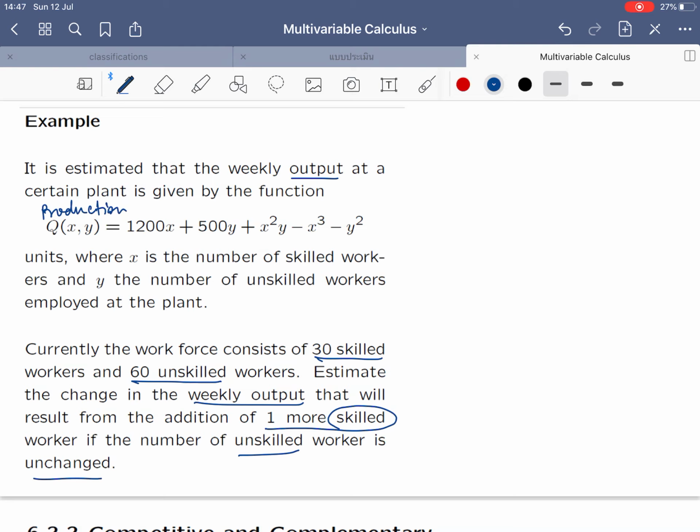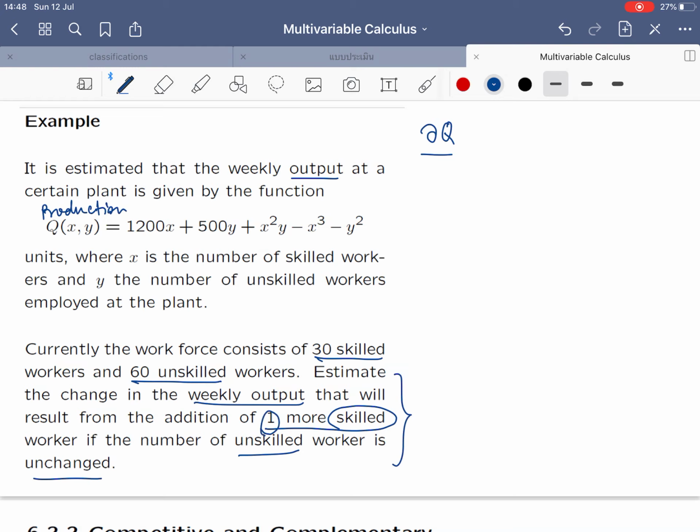So this is another way of asking the question. Instead of saying, hey, why don't we find the marginal productivity with respect to this and that, they just interpret your marginal productivity in terms of words. Okay, so they want you to find the change in weekly output, so the change in weekly output is dQ, the derivative of the function Q. But with respect to which one?